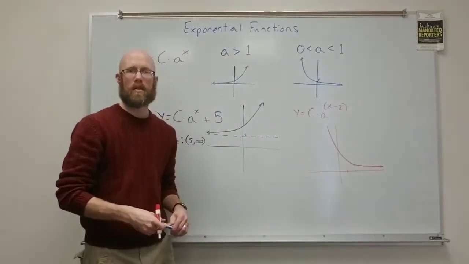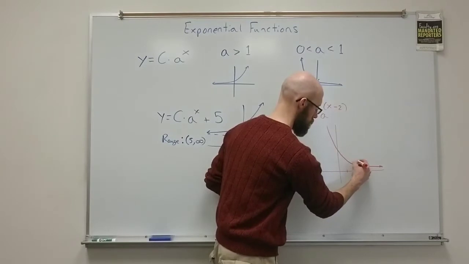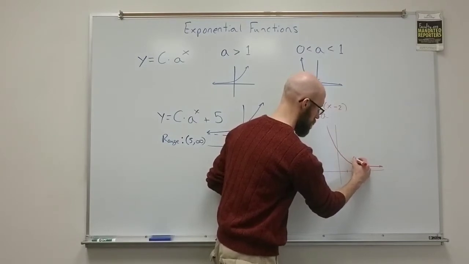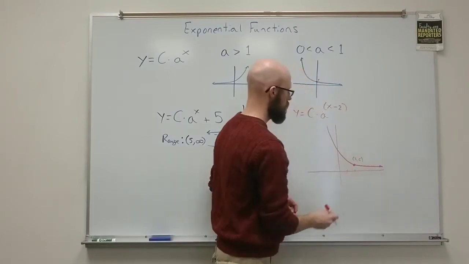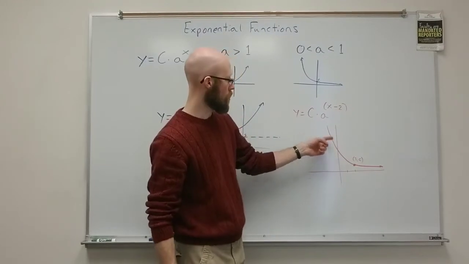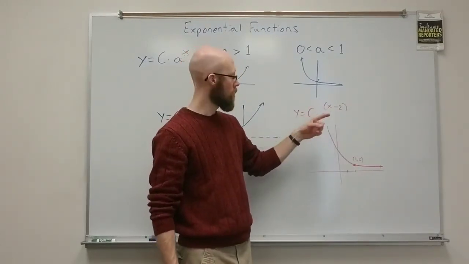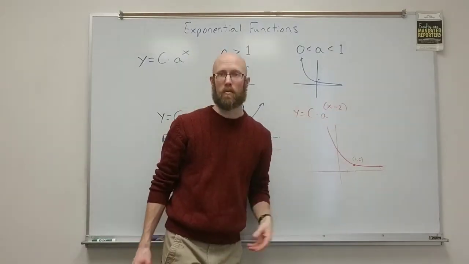So it ends up changing the y-intercept. The y-intercept now moves. This is c over here, so that'd be at 2 comma c rather than 0 comma c, and then the y-intercept is going to be different. And how would you find the y-intercept? Well, you'd have to plug in 0 for x. It would be c times a to the -2 power.